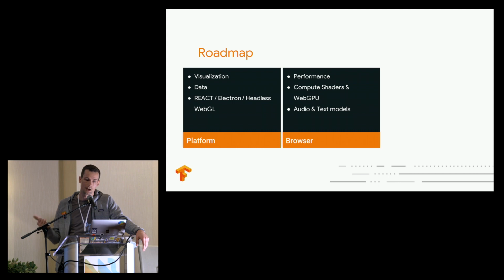Some of that is not using WebGL as much, but looking at technologies like WebAssembly, WebAssembly with AVX, compute shaders, and a couple of us on the team are participating with the W3C to help push the WebML and WebGPU standards forward. So a lot of stuff is coming down the pipeline on that front.